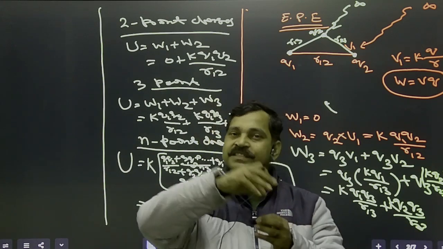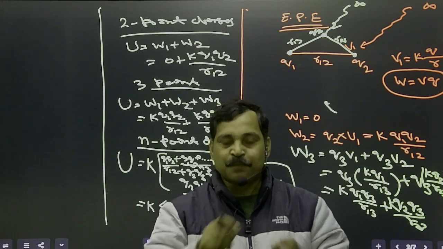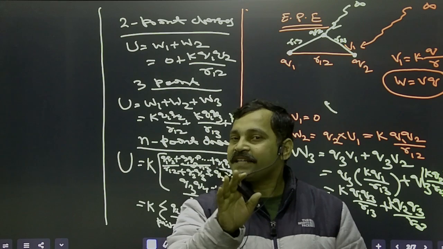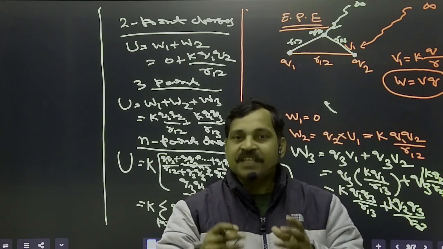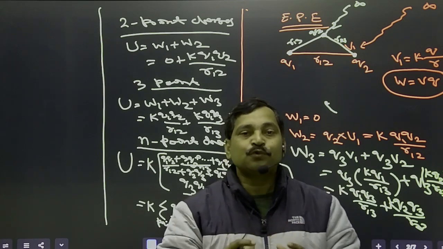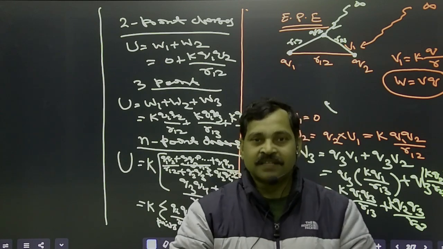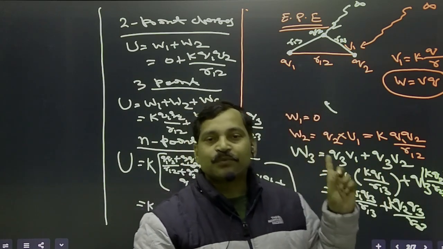Then this potential energy will be there. In addition, a charged body placed in an electric field will experience a force, so it will try to move. To stop this motion we need to do some work. This work will also be summed up to find the total potential energy of the system of charges.